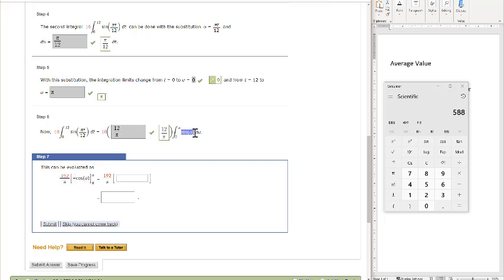The antiderivative of sine u is negative cosine of u from 0 to pi. So cosine of pi, I think it's going to be, so this is the negative that comes from this negative, and the cosine of pi is negative 1.